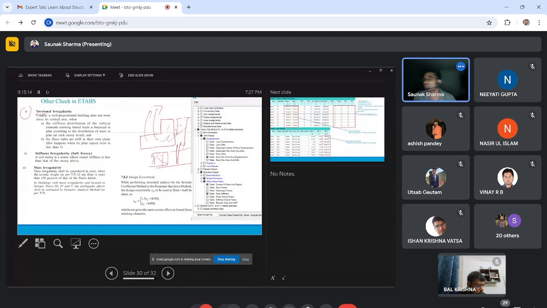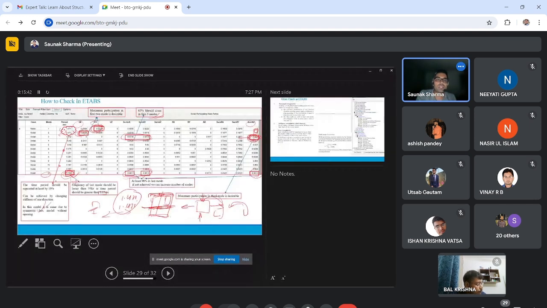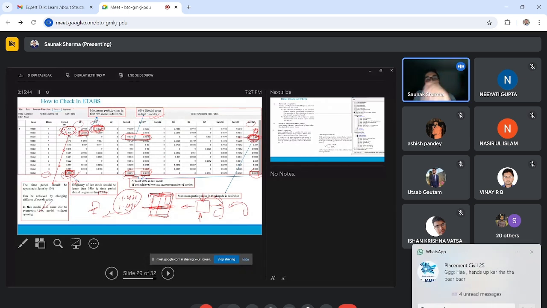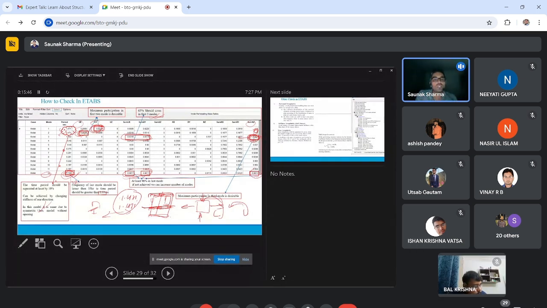We can get that idea from the modal result also. The benefit of modal result is that even without applying load, once we have prepared the geometry in ETABS, we can run it. It gives the idea, because this modal parameter does not depend on the mass matrix, only the stiffness matrix is required there. So before applying load also, we can get many ideas from this modal result.